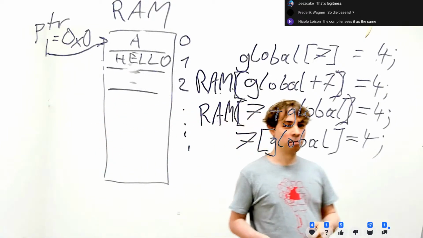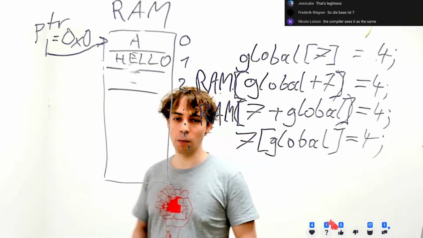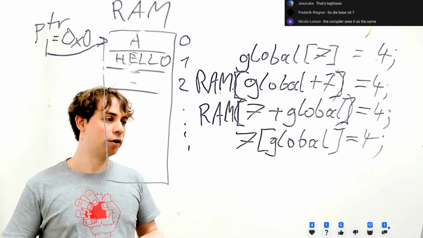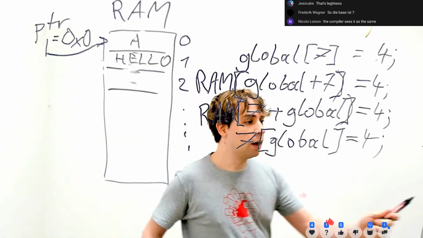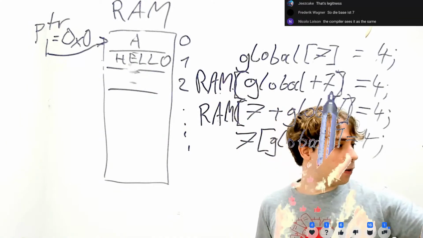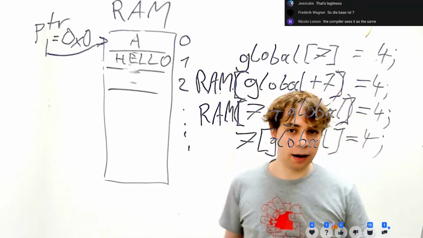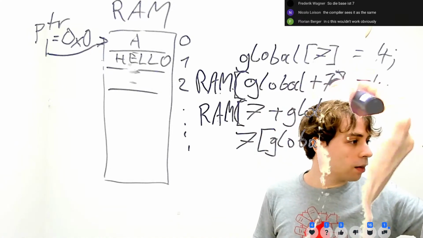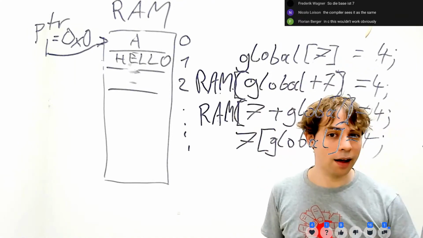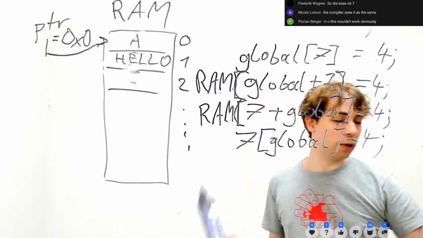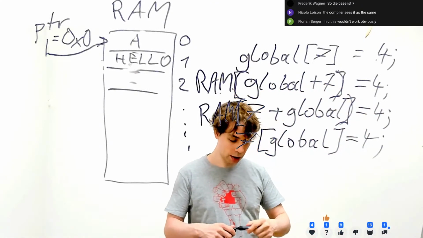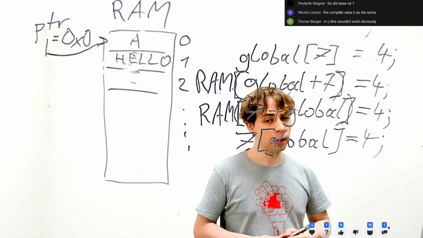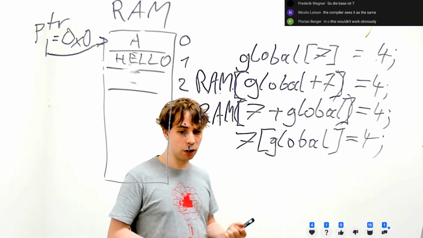So this is some part about pointers and how pointer operations work. Actually, when you look at this, this is true for a character pointer, but here you would actually have to write 7 times the size of global, or the size of global at offset 0, because you need to take the data type into account.